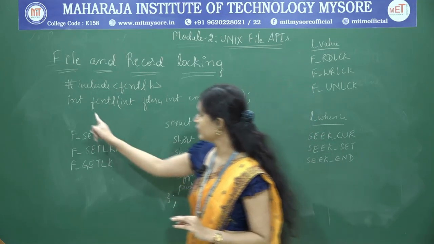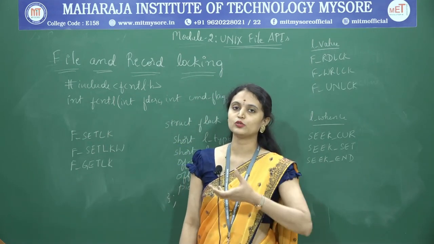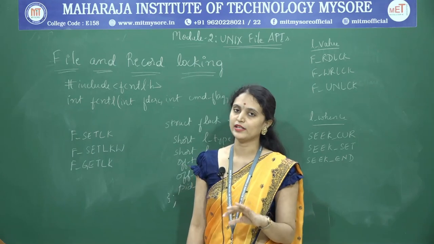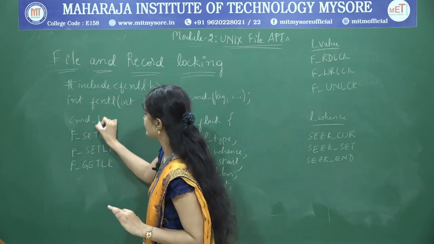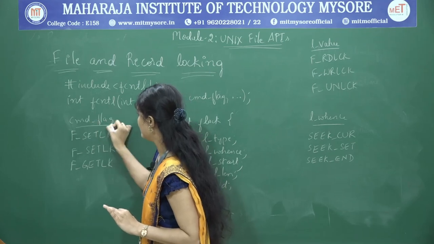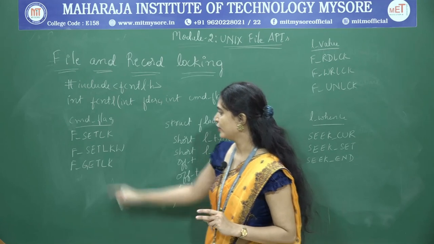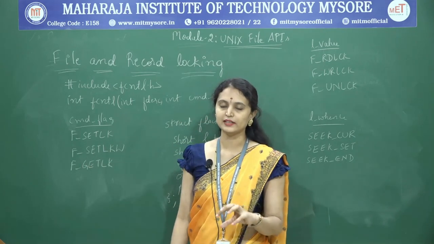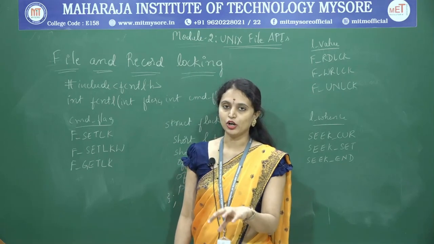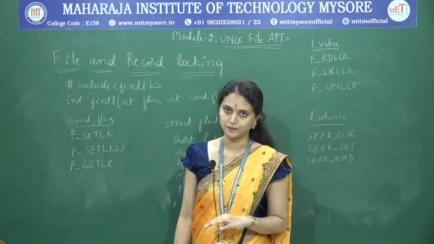The return type is integer. The possible values are 0 if it is executed successfully, and -1 if there is any error. This is the command flag. There are three values. One is F_SETLK. If this is enabled, it will set the lock, but it will not block other processes performing read and write operations.